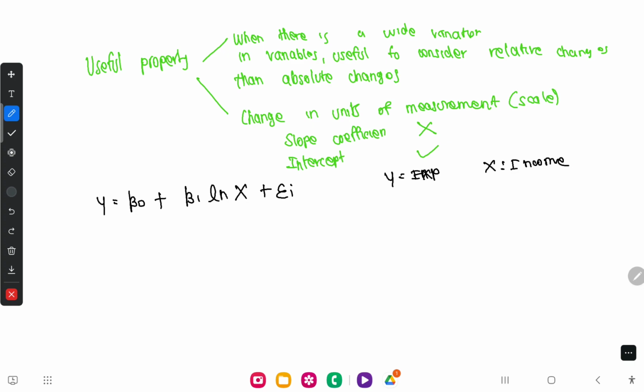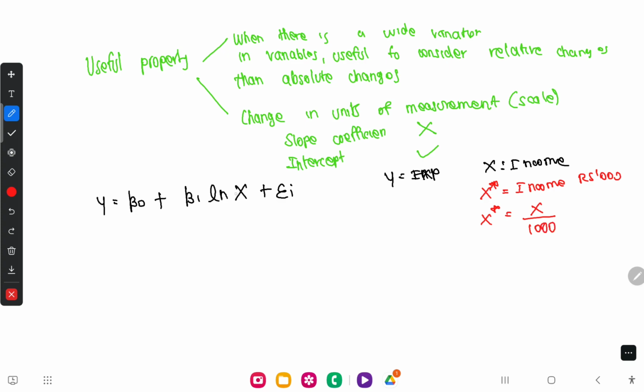Now let's say I want to write my income in the equation rounded off to rupees thousands. So my new x star is income rounded off to thousands. That means if I divide my x by 1000, I will get my x star.